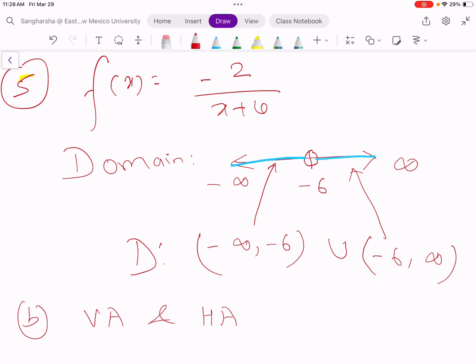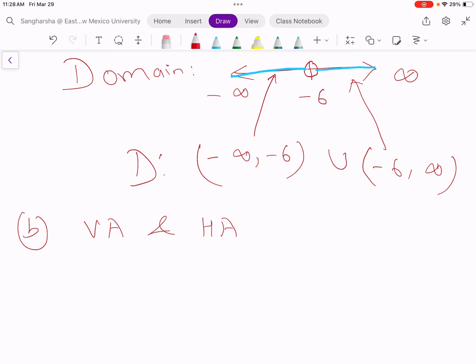Now in this case, when we choose x equals -6, our denominator is 0, right? So -6 is the number that makes the denominator equal to 0. So our vertical asymptote is x equals that number, which is -6.